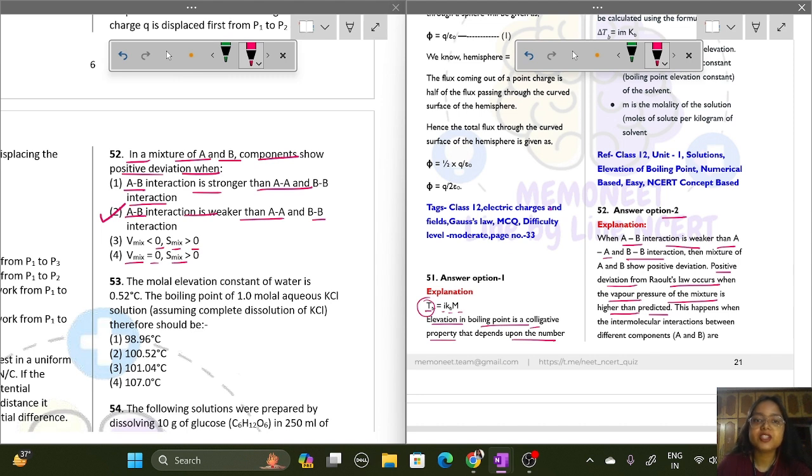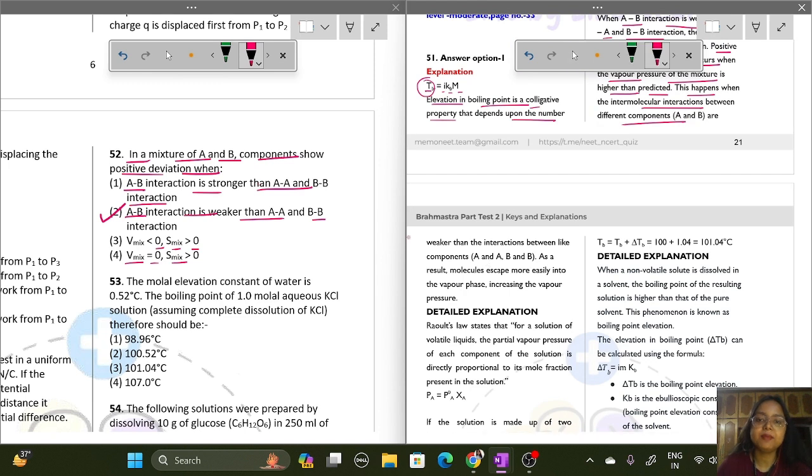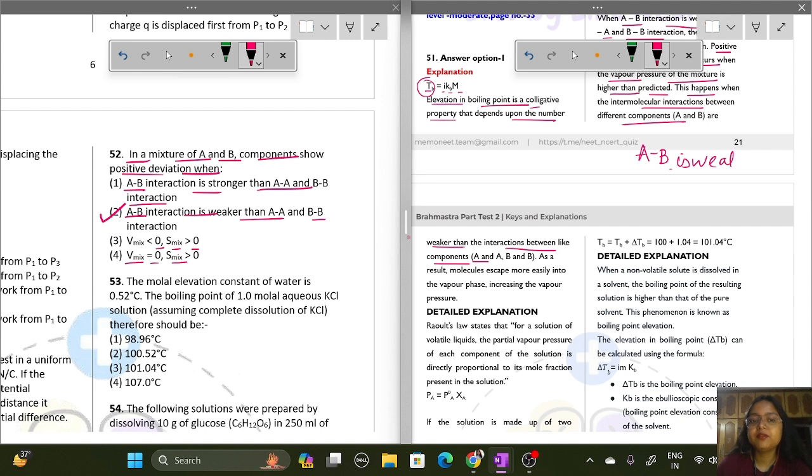It happens when the intermolecular interactions between the different components, A and B, are weaker than the interactions between their like components, AA and BB. Then there is a positive deviation.